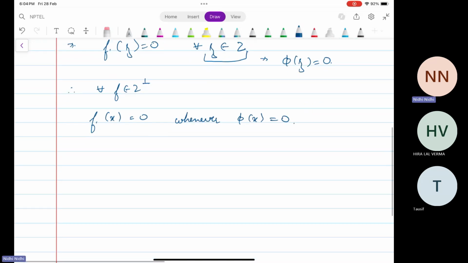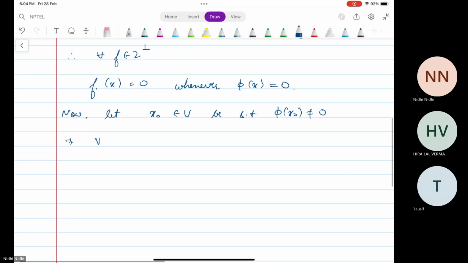Now let x naught belonging to V be such that phi of x naught is non-zero. Then for every x in V, consider phi of x minus phi x by phi x naught times x naught.